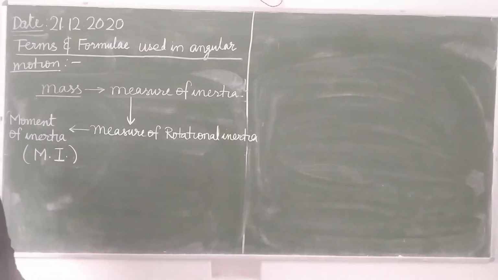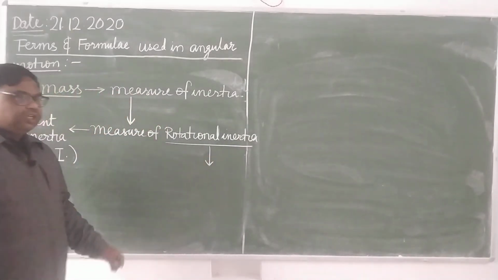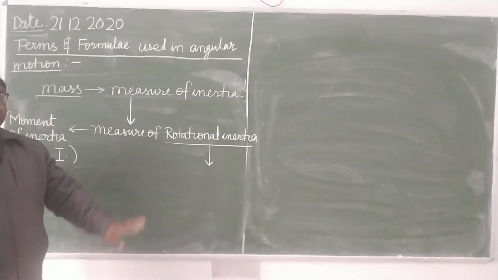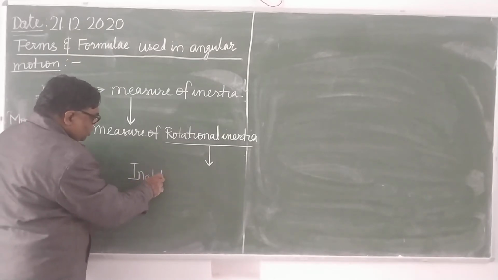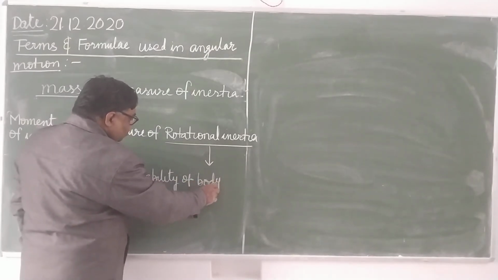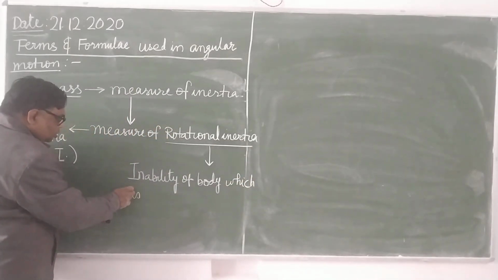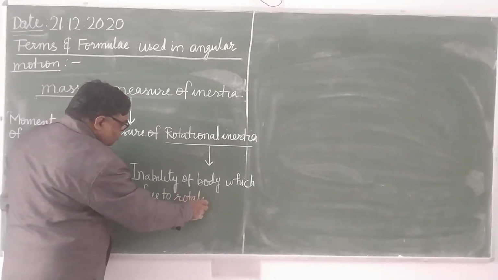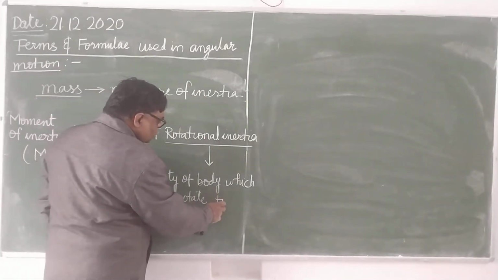Now, what is rotational inertia? Rotational inertia means the inability of any body which is free to rotate to change its state of rest or of uniform rotation about an axis.